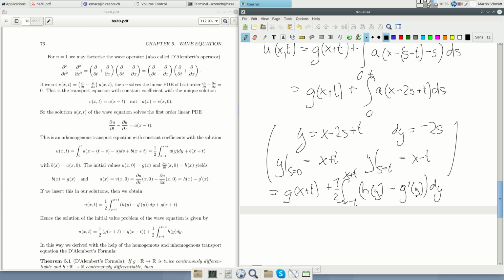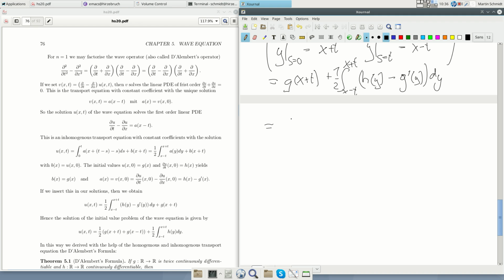And of course, now we may use the fundamental theorem of calculus in order to determine this, and then we get g of x plus t plus 1/2 integral from x minus t to x plus t of h of y dy. And here we get minus 1/2 times g of x plus t minus g of x minus t.